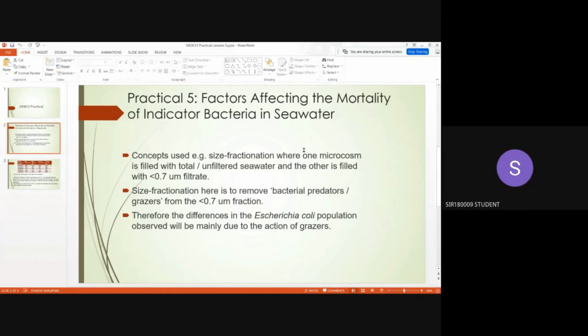Yeah, I think so, because virus is very small and it can pass through. But they are available in both fractions. Yeah, true, so it's a constant.